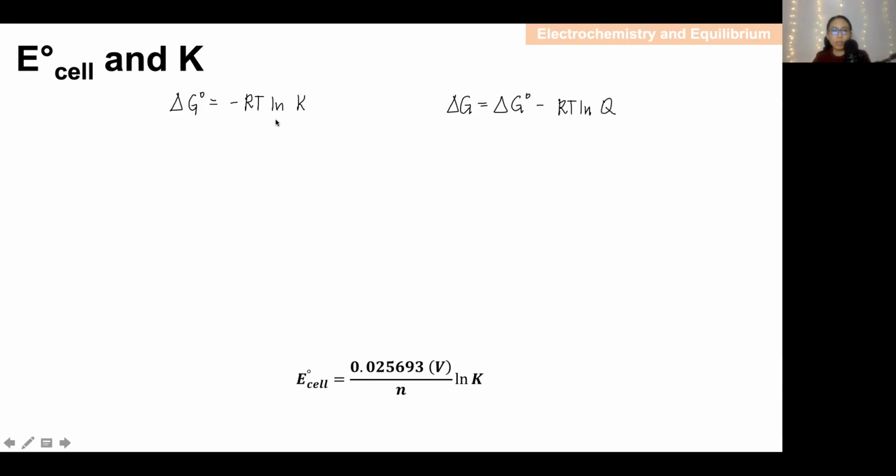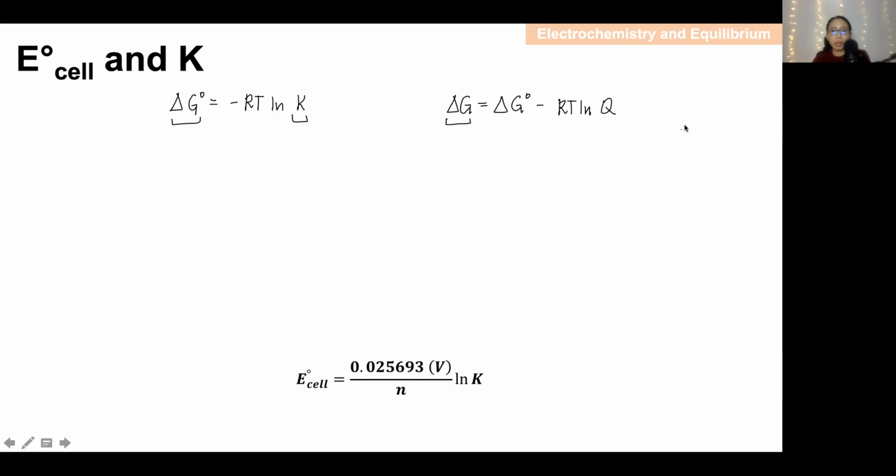Okay, notice the difference. Delta G naught is our Gibbs free energy change if your reaction is at equilibrium. But if your reaction is not at equilibrium, then we simply have delta G. And again, your Q defines which direction your reaction will proceed so that it reaches a state of equilibrium.